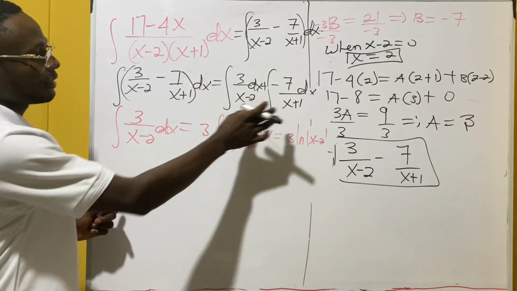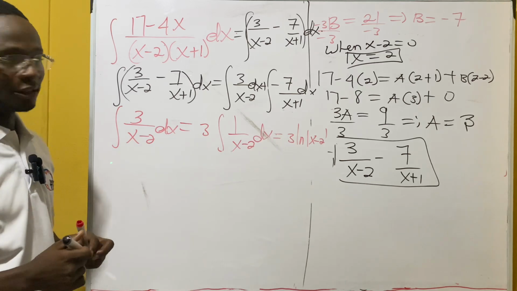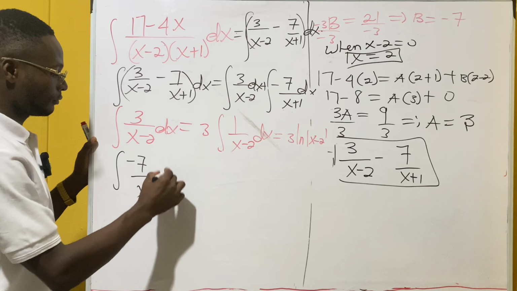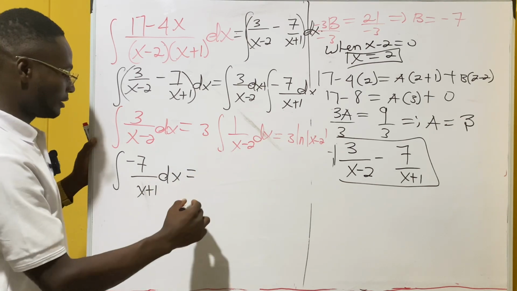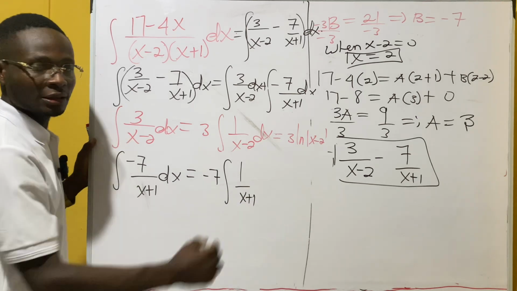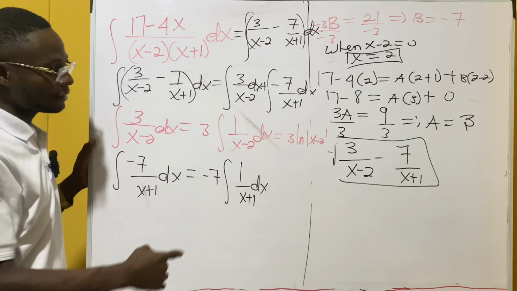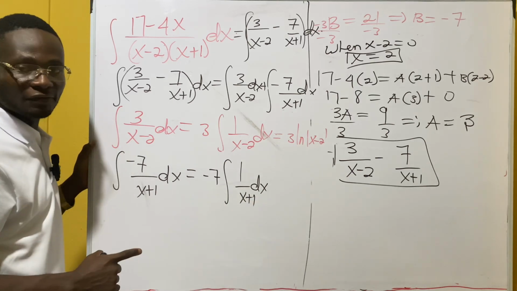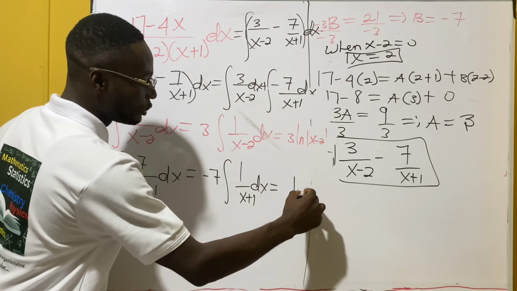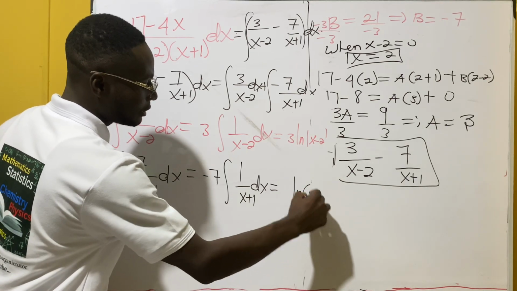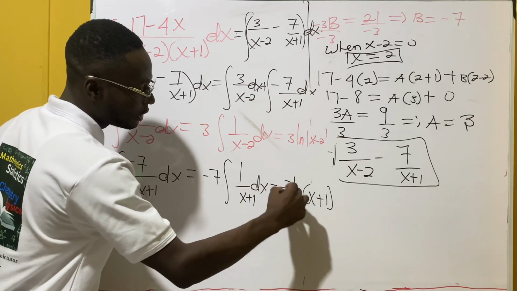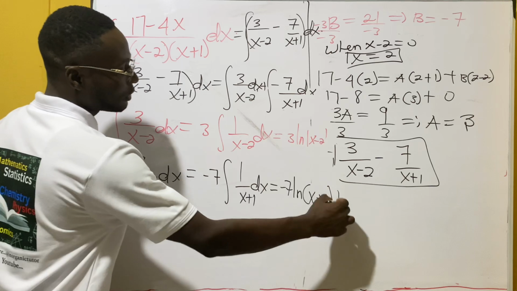Now let's go ahead and find the integral of this particular one right here. So right here we can say that negative 7 out, we have 1 over x plus 1 dx. Of course the integral of 1 over x plus 1 is equal to ln of x plus 1 right here, but we have negative 7, so negative 7 right here, plus a constant of integration.